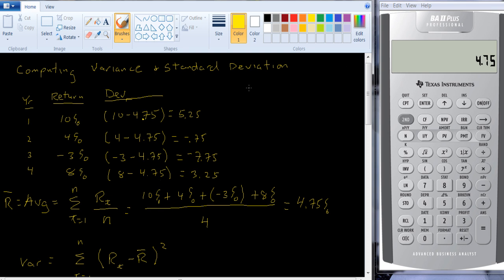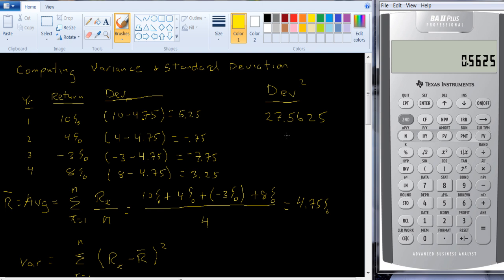Okay, so here we're going to have the deviation squared. So let's do that. 5.25, hit the x squared key. So that's 27.5625. Then we have negative 0.75, and we can square that. See how we get a positive number?